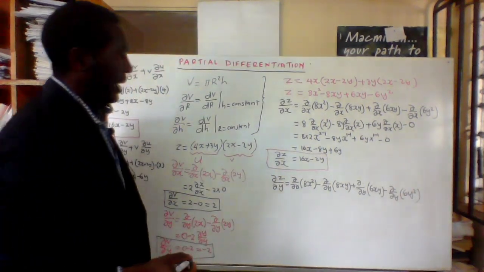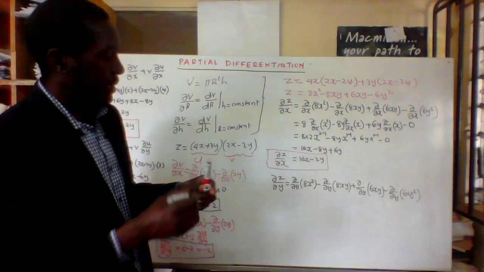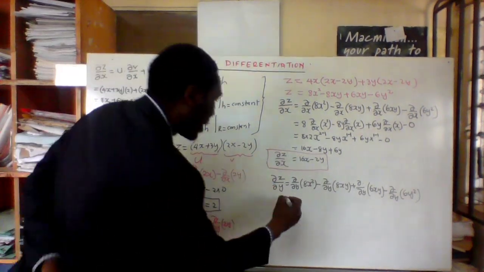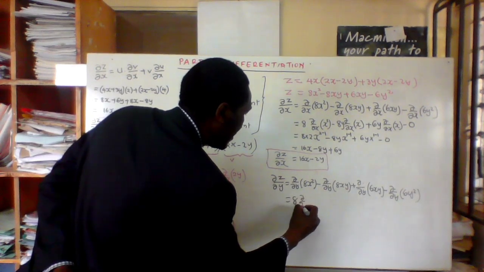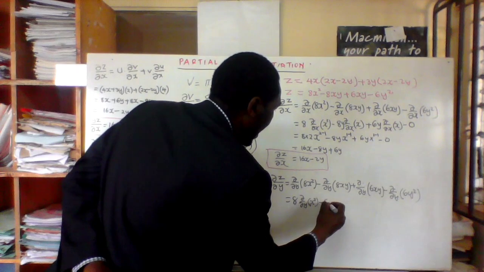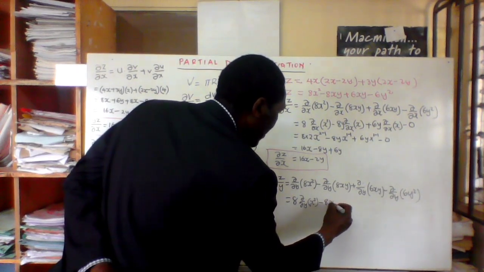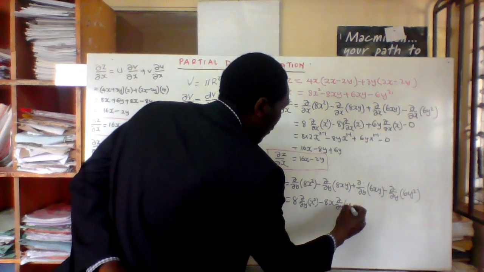Because we are doing partial derivative with respect to y, we hold x constant, and this becomes, we can take 8 outside, partial derivative with respect to y of x squared minus 8, x is constant, x is also constant, partial derivative with respect to y of y.